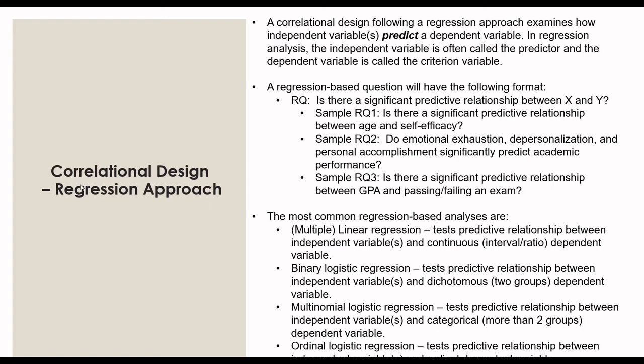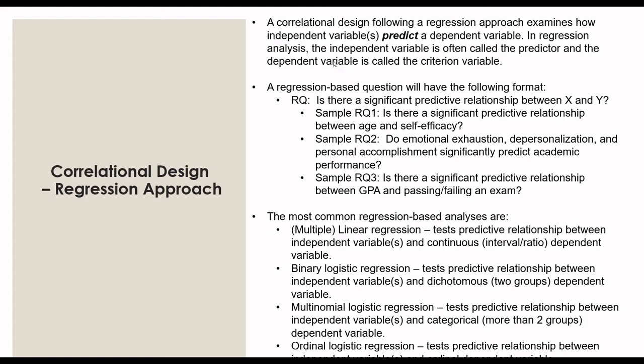You have an independent variable or a series of independent variables, and you're trying to predict a dependent variable. The terminology often used with regression is a predictor, which is synonymous with an independent variable, and a criterion variable, which is synonymous with a dependent variable. Same meaning, it's just the terminology that is used.